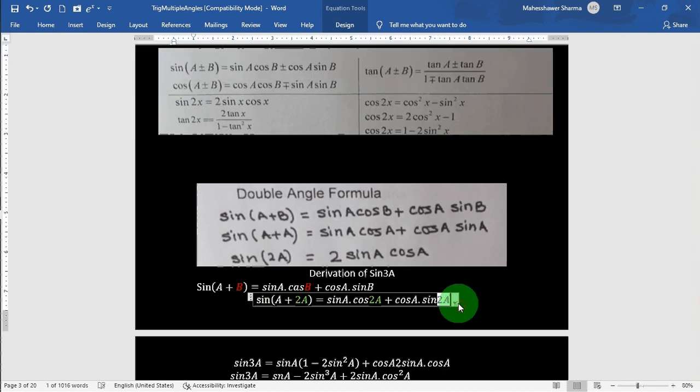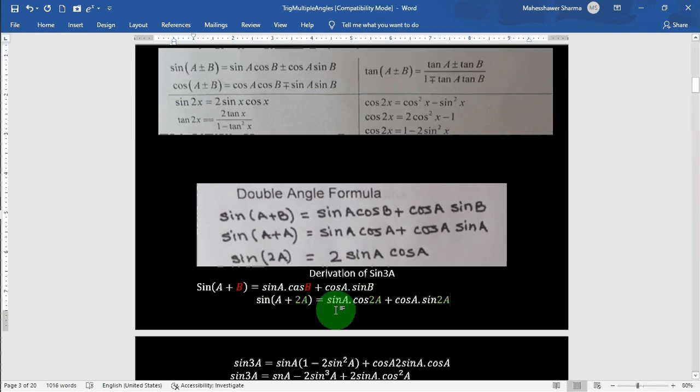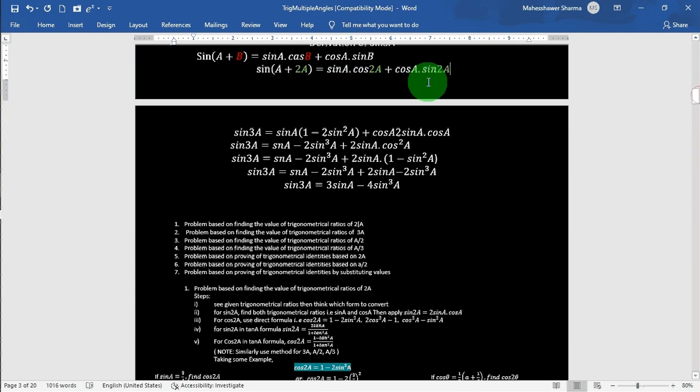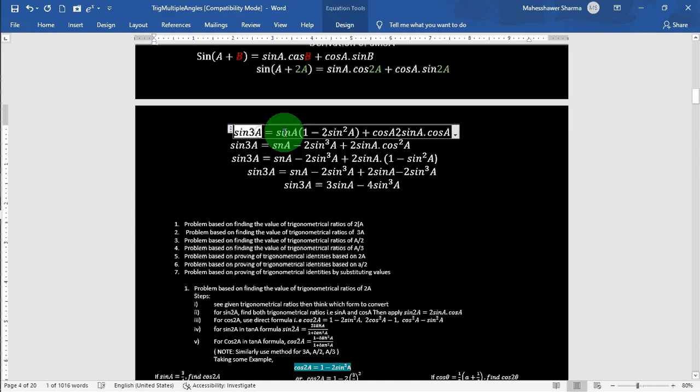So sin a plus 2a equals sin a into cos 2a plus cos a into sin 2a. This is the formula we have got from sin a plus b. If we add a and 2a, we get sin 3a. So sin 3a equals this formula.